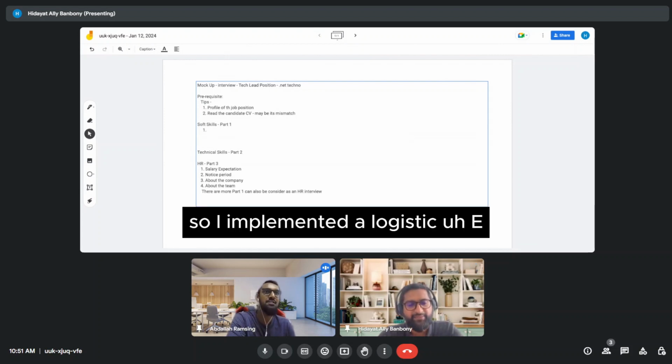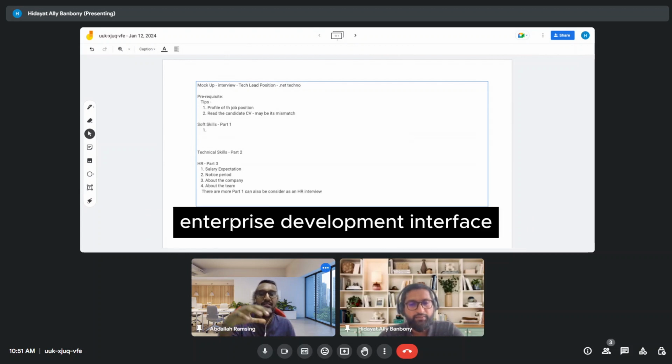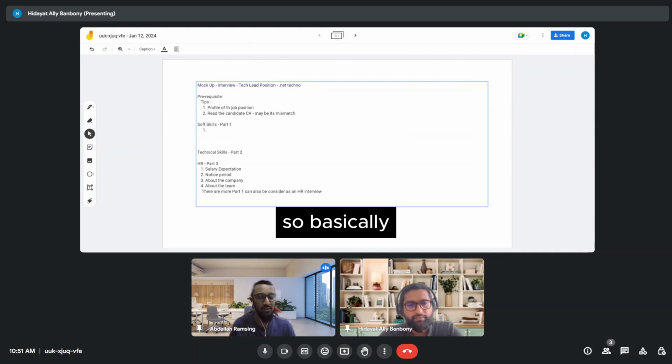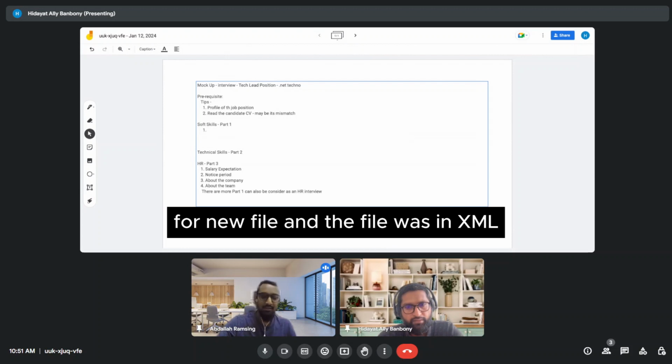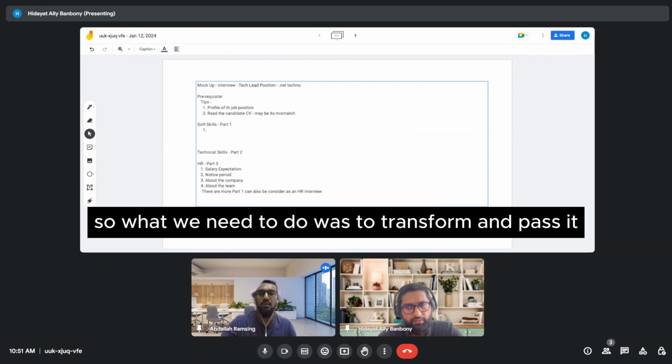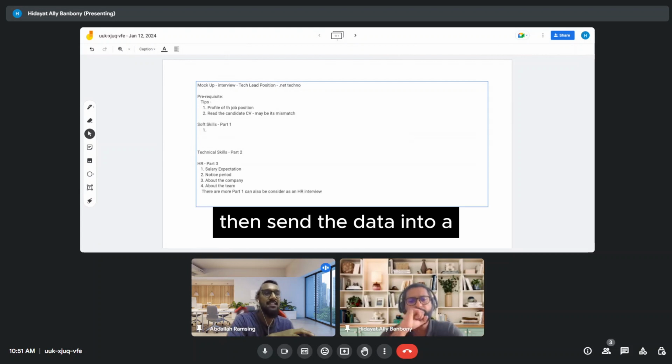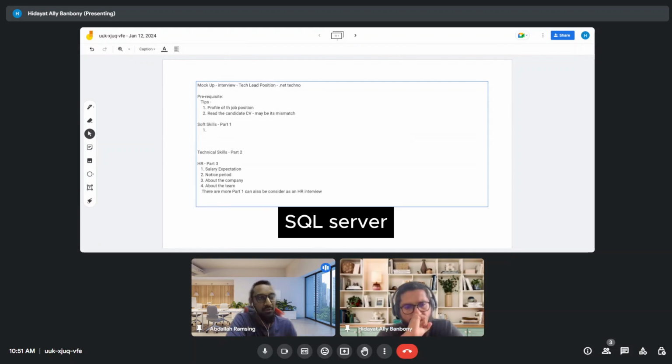So I implemented a logistic EDI, enterprise development interface. Basically, the application listened on a server for new files, and the file was in XML. So what we needed to do was to transform and parse it, then send the data into a SQL server.